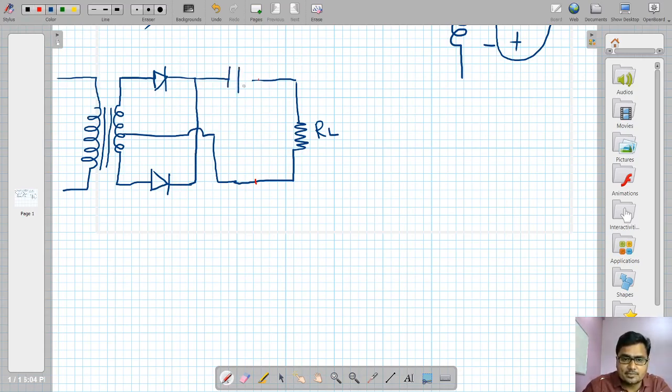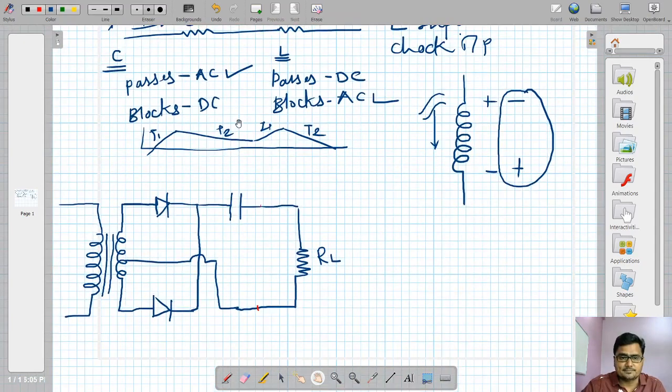What is the basic property of a capacitor? A capacitor blocks DC and passes AC. Now it is a rectifier, so what do I want at the output side? At the output side, I want DC. And the capacitor blocks DC.